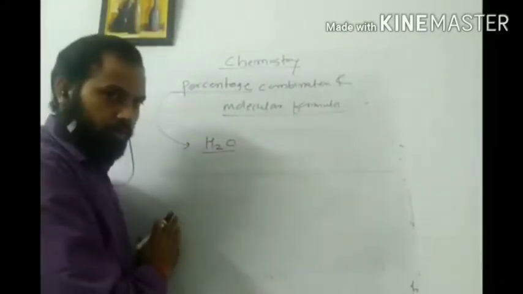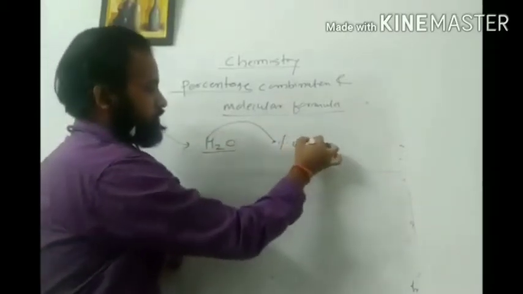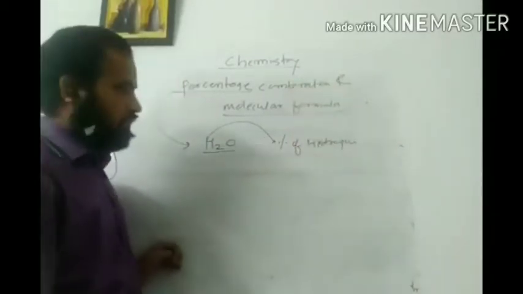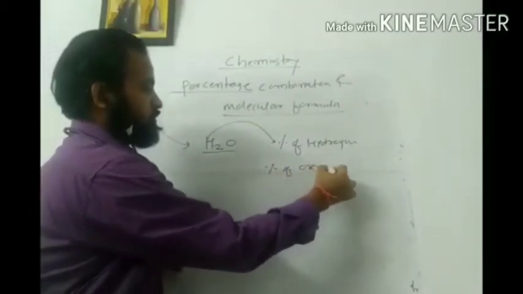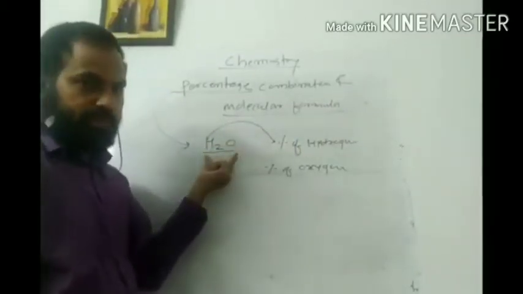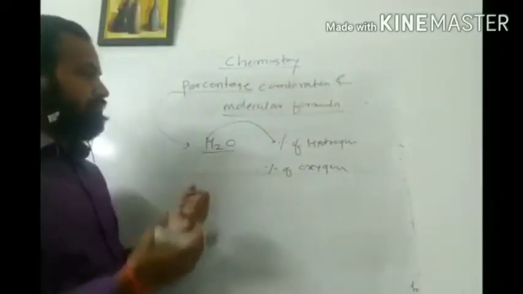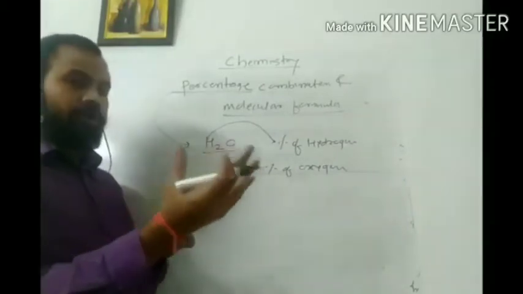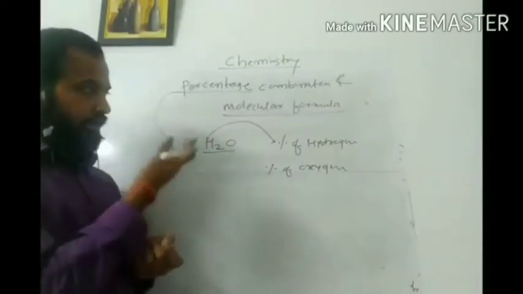In this compound, if I want to know the percentage of hydrogen, or the percentage of oxygen, that percentage present in a compound is nothing but the percentage combination. So if I want to calculate the percentage of any one element in a compound, I can use this concept.